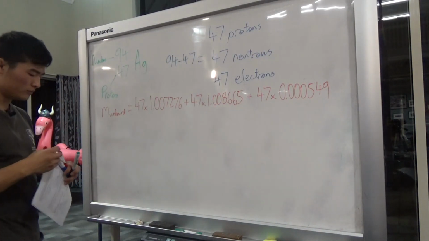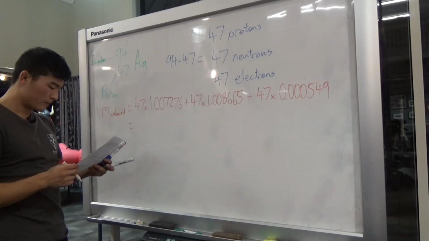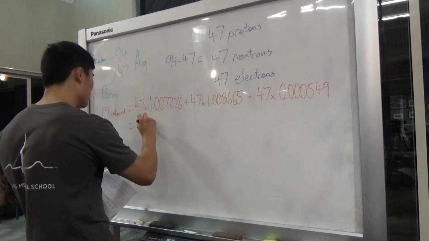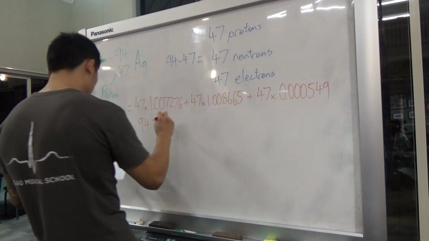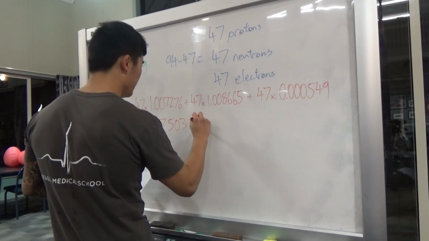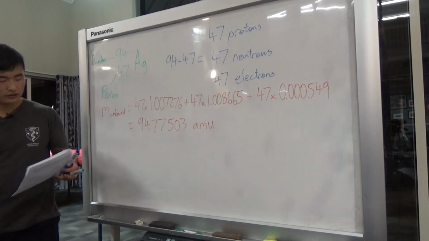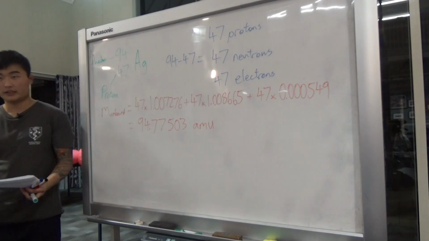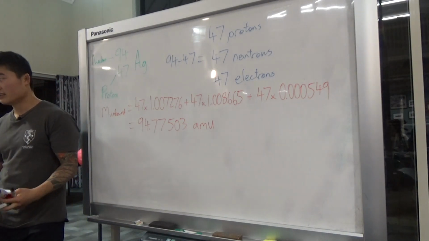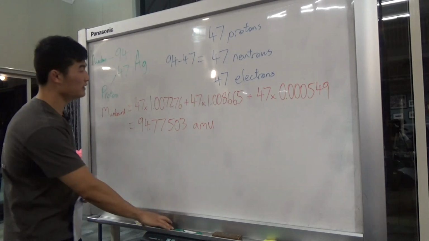That's going to equal 94.77503, and the unit is AMU, or they've just abbreviated it to U, but it stands for atomic mass units.